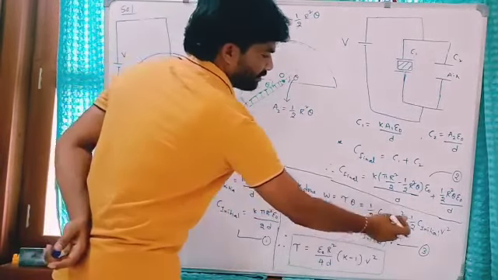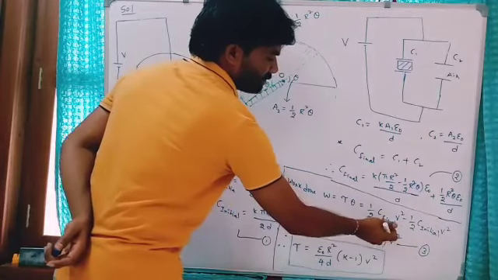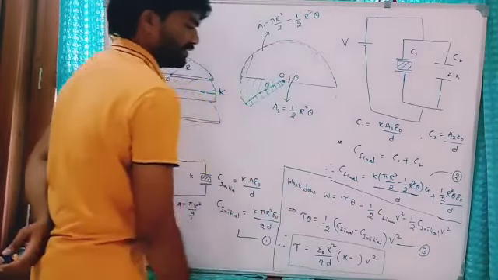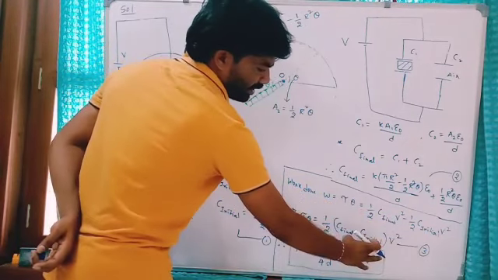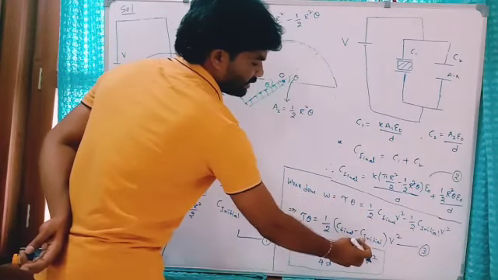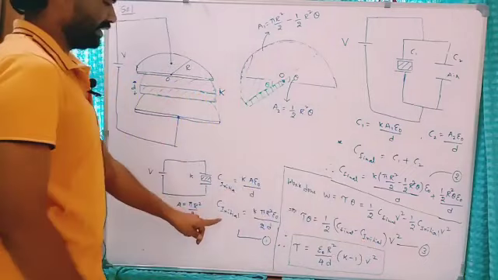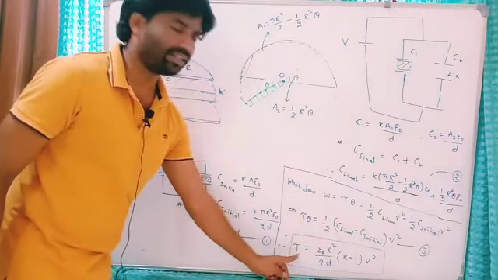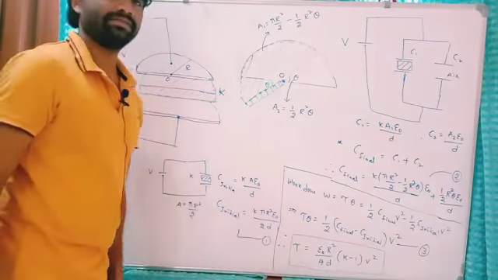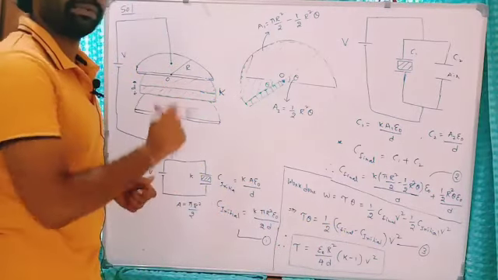So half C V square, final capacitance minus initial capacitance. I have written half V square as common, and this is the C final minus C initial. We already have C initial and C final, just substitute here and you will definitely get this equation. That is the equation for the moment of force.